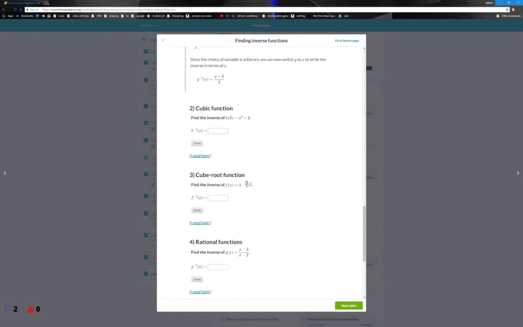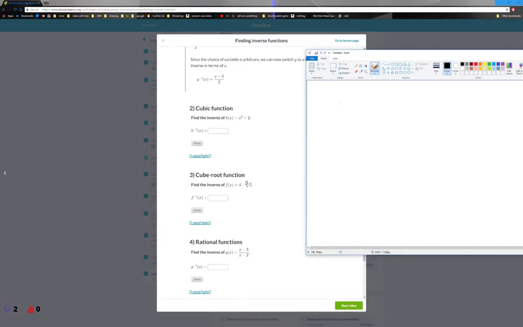Alright, now we have a cubic function. Find the inverse of h of x. So here we go. We'll replace with y equals x cubed plus 2.